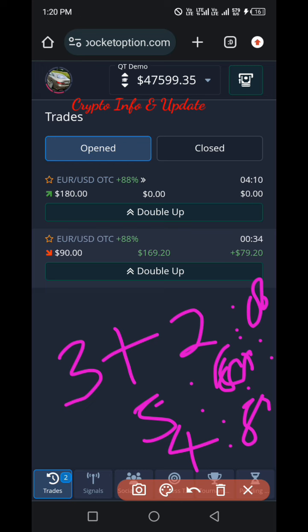So immediately you click on the rollover button, the original time frame you are using for that trade, like in my own case, I was using 3 minutes, will be added to the already running time expiration. Like in the case we looked at before everything changed, it was around 2 minutes something seconds.